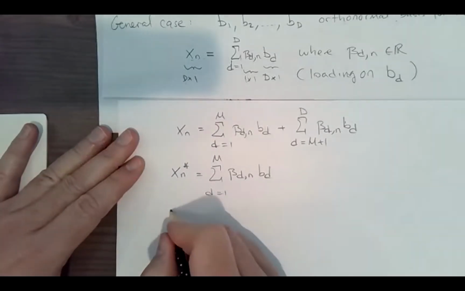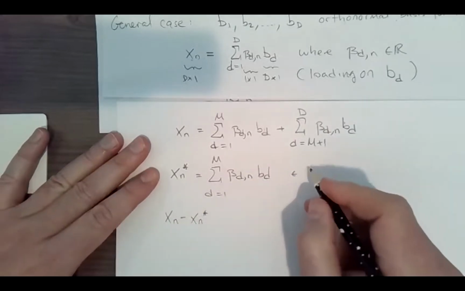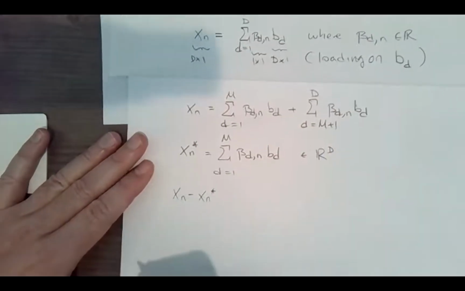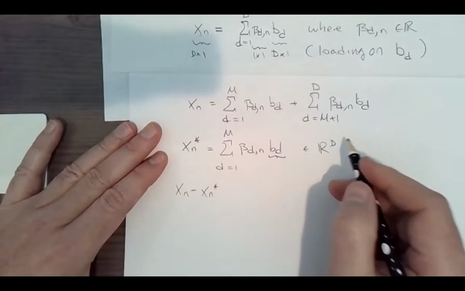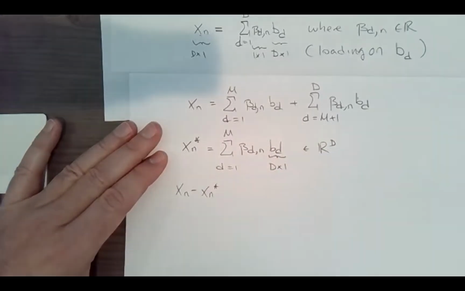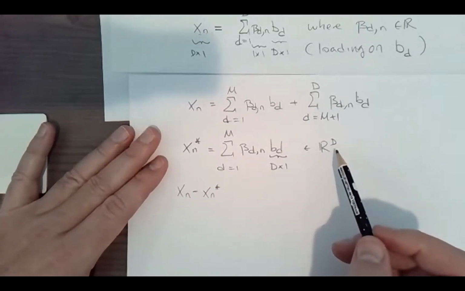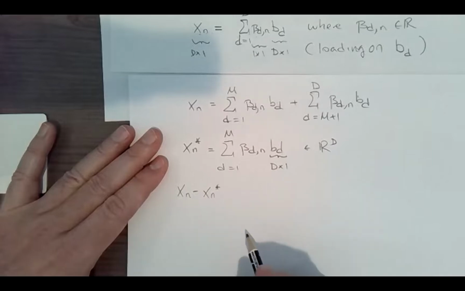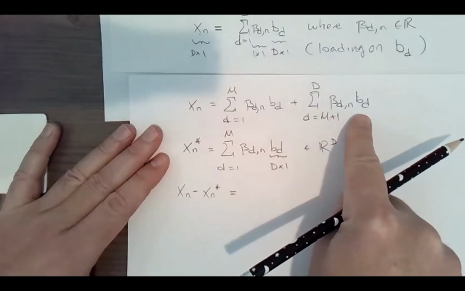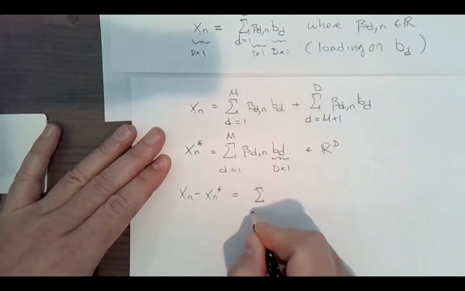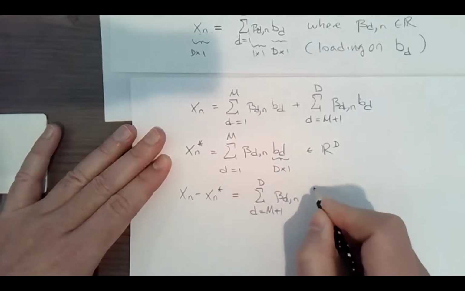Then if I look at the difference, xn minus xn star, this is still an element in RD. After all, this is a basis vector for RD, so it is a d times 1 element. If I look at the difference between these two, what I'm left with is the second term up here. So I'll write out that second term.